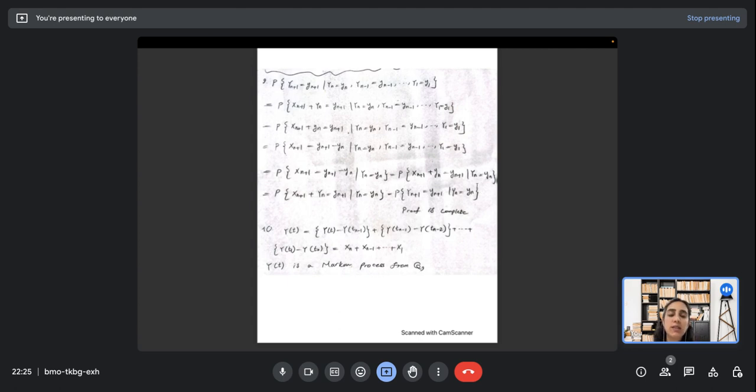So using some mathematics, I could prove that the probability of Y(n+1) equals y(n+1) given all the previous states is equal to the probability of Y(n+1) equals y(n+1) given only the most recent previous state. So the proof is complete.